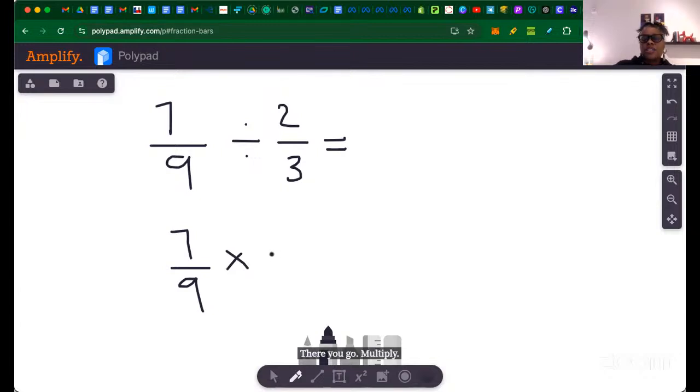And then what should this fraction here be? The reciprocal of 2/3. Remember, it's the reciprocal. There you go, 3/2.